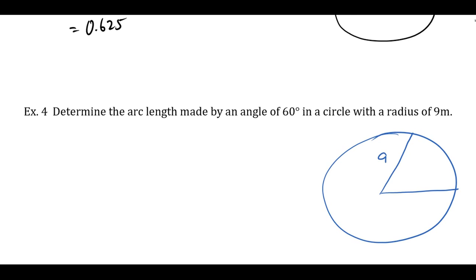So there's 9 meters, and that's about 60, hopefully. Find arc length. First of all, our formula of arc length to radius is in radians, so we have to convert 60, which is pi by 3.